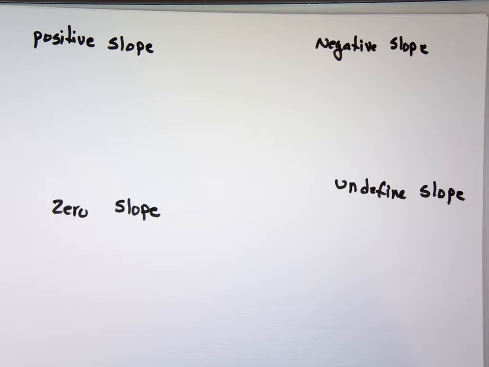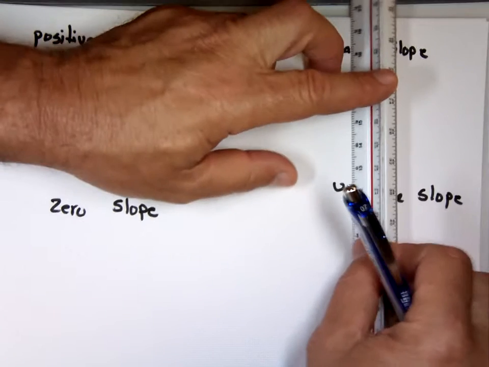There's 4 possible outcomes when you're finding the slope. Your number could be positive, negative, 0, or undefined. Let's look at each case and see what will happen.